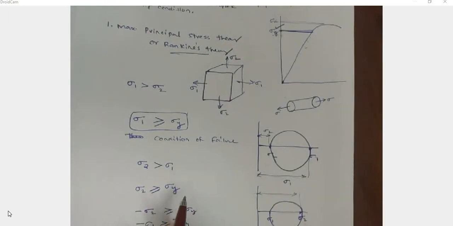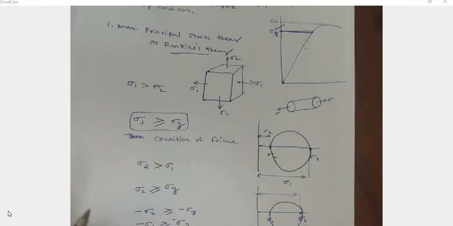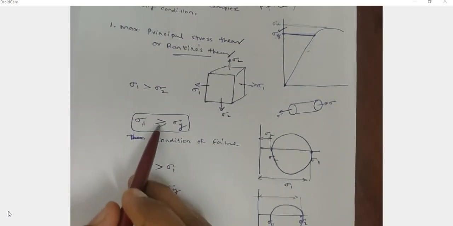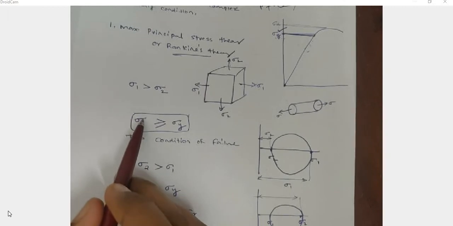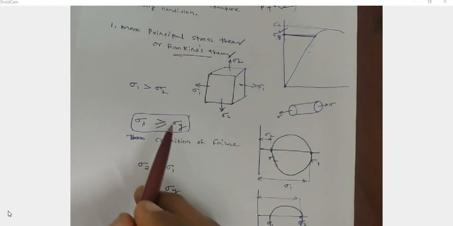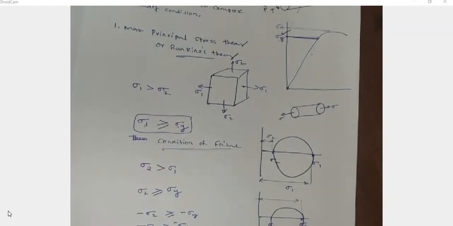So the principal stress across any point on the body should be less than or equal to sigma y for a safe design. But if sigma 1, the maximum principal stress developed across any point on the body, is greater than or equal to sigma y, that is the condition of failure.